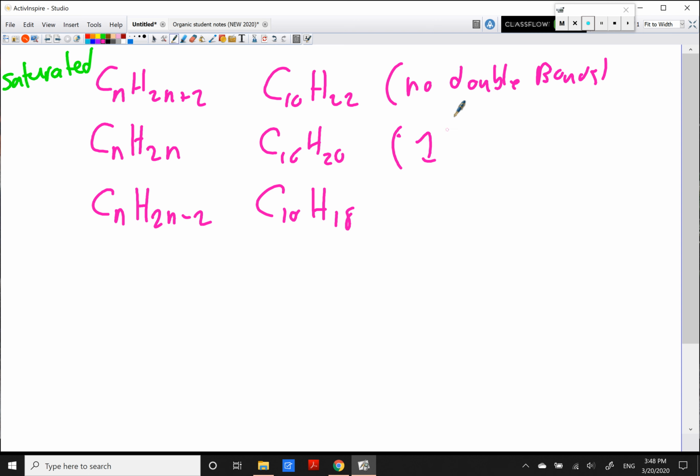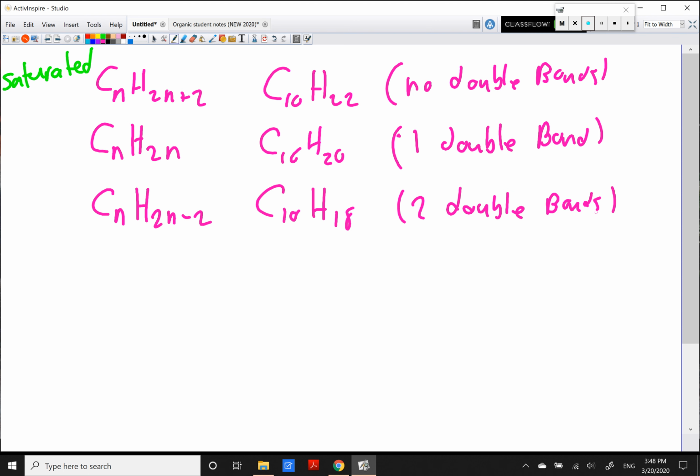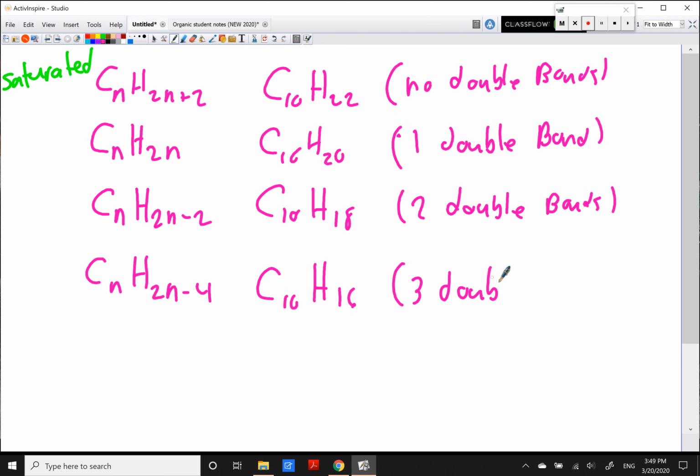We got 1 double bond. Here we got 2 double bonds. So if you notice the trend that's going on right here, we go CnH2n minus 4. So that gives us C10H16 or 3 double bonds. And that's how we get that.